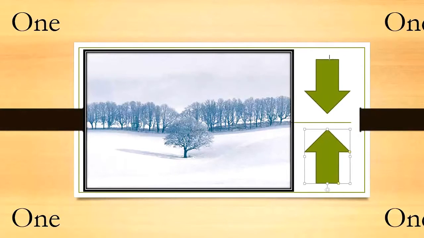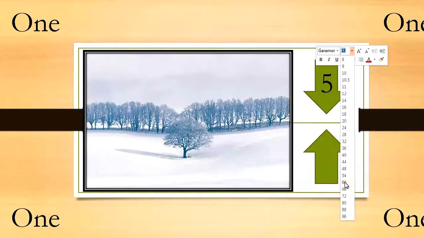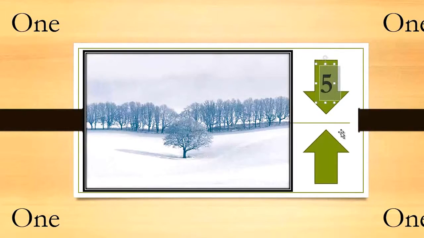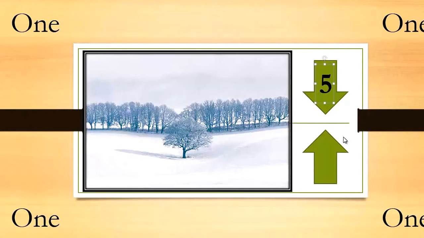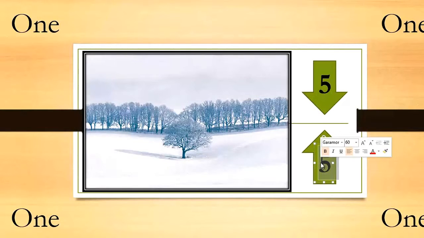Let's go ahead and put a text box on here. We'll give that the number 5, and make this nice and big, 60 bold. We're going to put one right down here and change that to a 6.